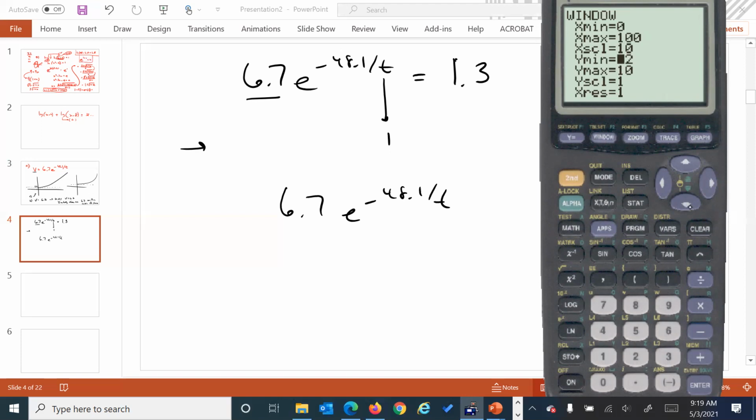So I'm going to go from 0 to 100 along the X's, -2 to 10 along that. Let me mess with the graph just a little bit longer here.